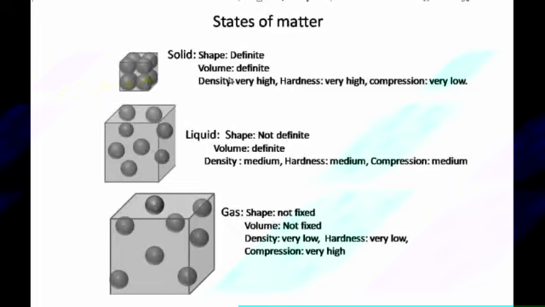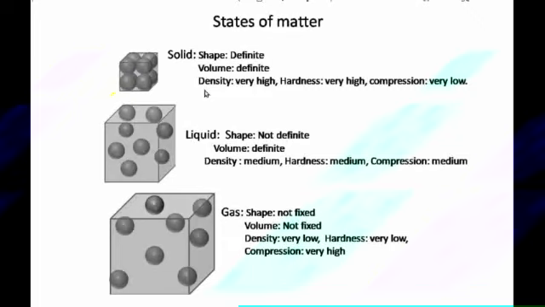So volume is fixed. If it is 2 meter cube volume, it will be 2 meter cube only wherever you keep it. If it is 3 meter cube, it will be 3 meter cube wherever you keep it. So volume is fixed. It does not change according to the container.